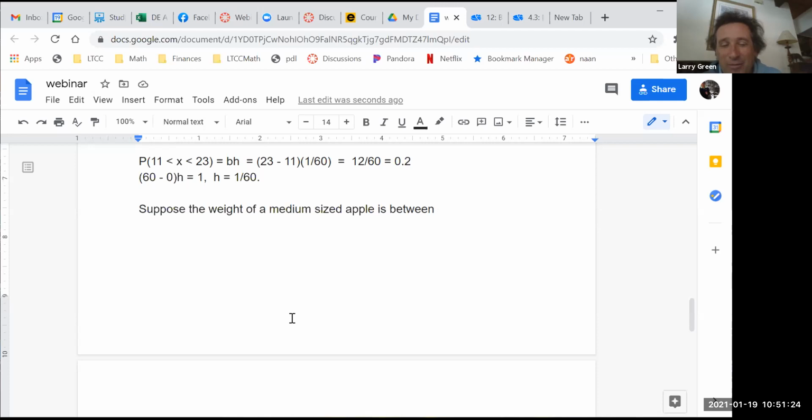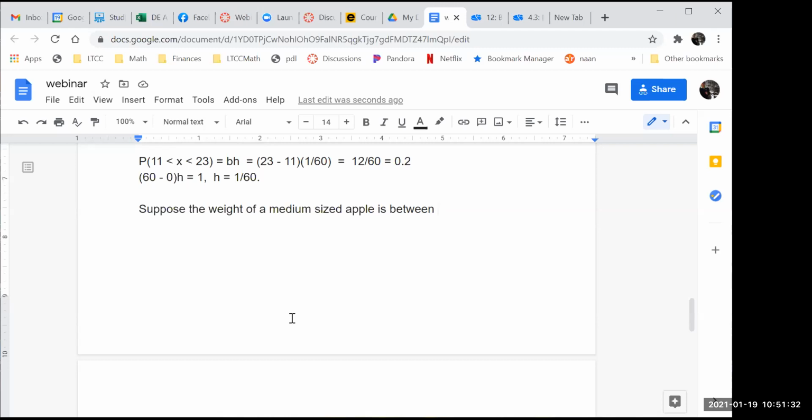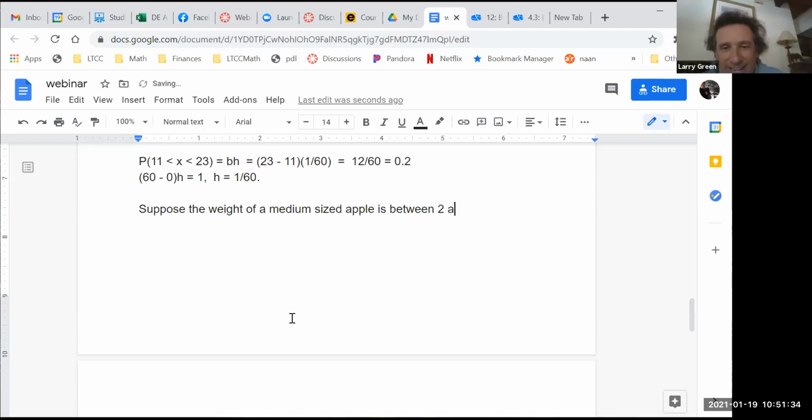That way I don't get in trouble for guessing wrong. 4 ounces. Okay, so let's say it's between 2 and 6 ounces. Anything smaller than 2 ounces, we'll call that tiny. Anything bigger than 6 is a giant apple. Got it? And is uniform.